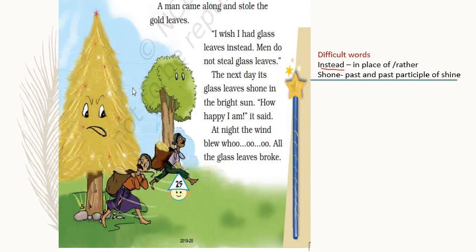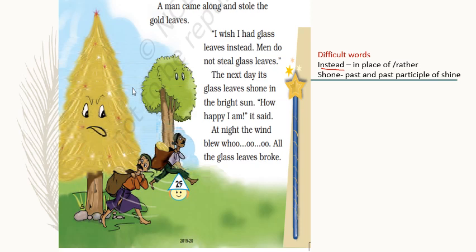So what we have understood in this paragraph is that after asking for the second wish, that was gold leaves, the tree became happy.